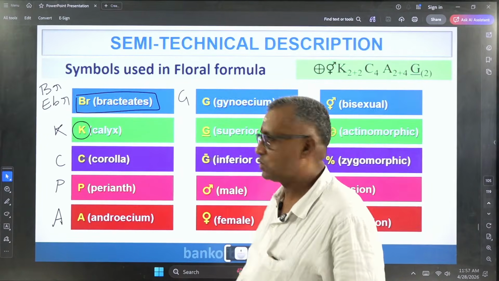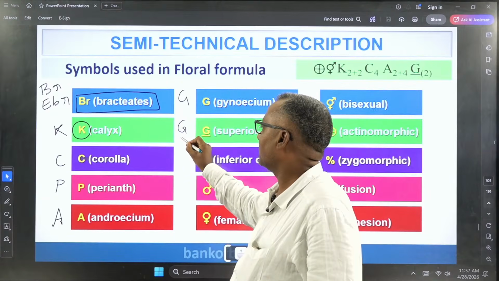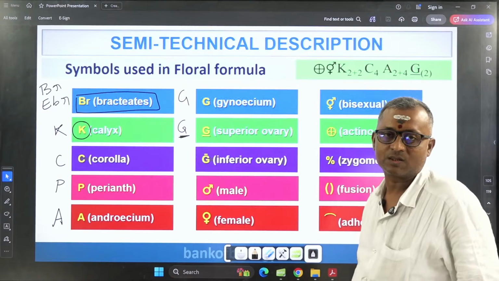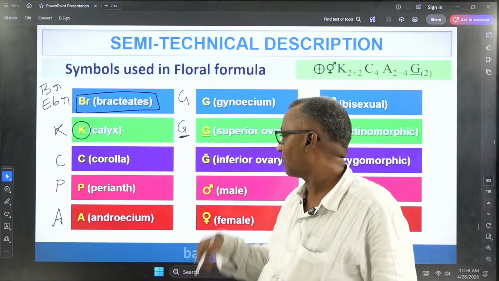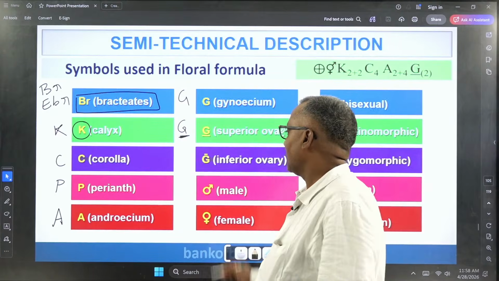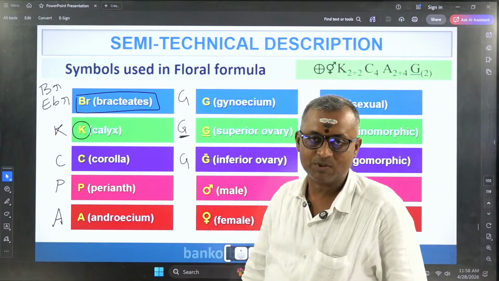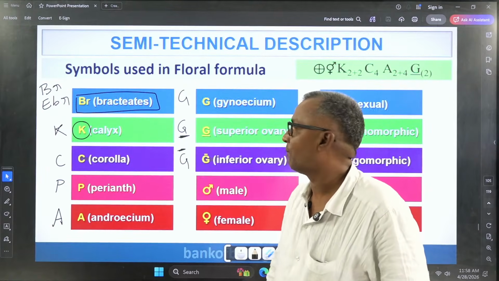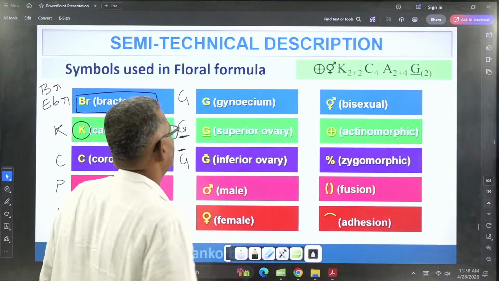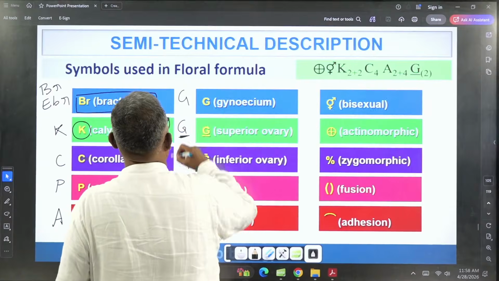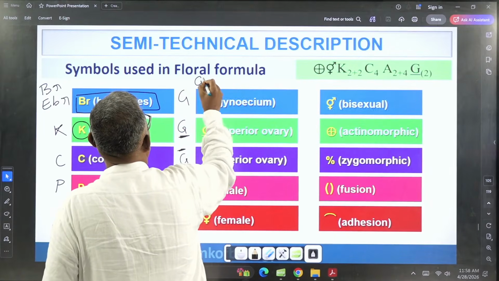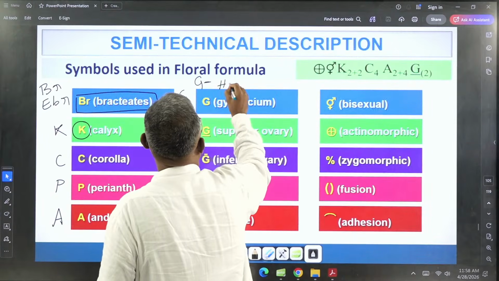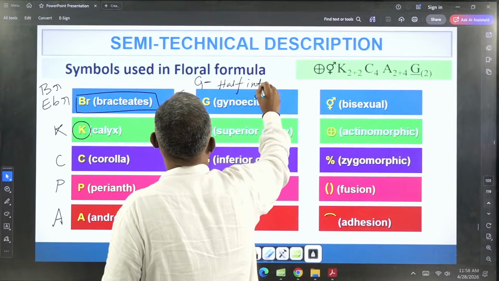Similarly, if a flower has a superior ovary, then we put G and a hyphen below the G, like this. Understood? A hyphen below the G represents a superior ovary. If the ovary is inferior, then we keep G and put a hyphen above the G. Similarly, if the flower has a half inferior ovary, then we give G and a hyphen beside the G. This is half inferior.